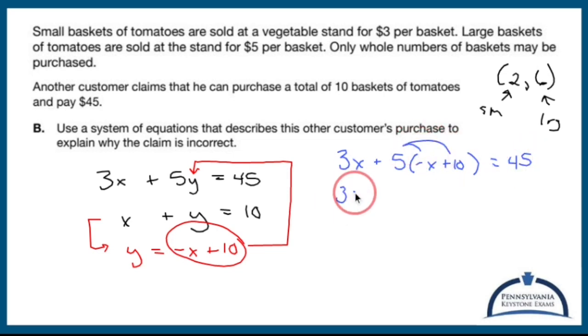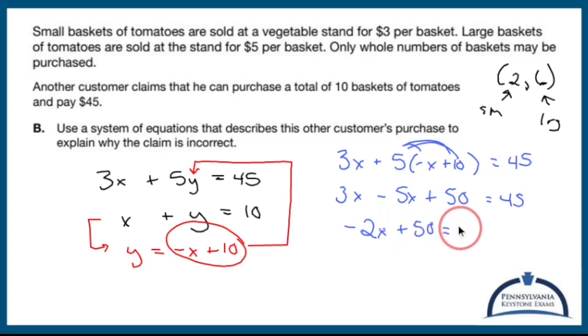Distribution: 5 times -x is -5x, 5 times 10 is 50. That equals 45. 3x minus 5x is -2x, plus 50 equals 45. Subtract 50, subtract 50. -2x equals -5.